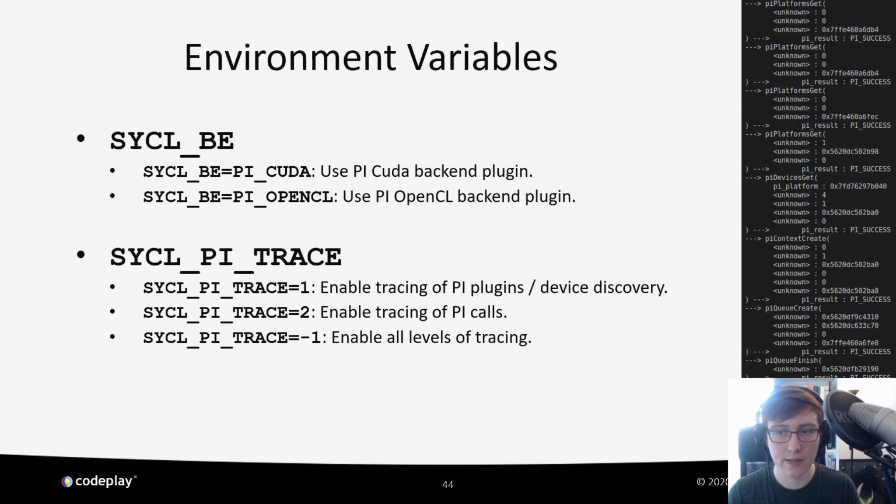If we look at the right-hand side of the screen, we'll see what that looks like. We have every single PI API call made by the SYCL runtime. It prints the name of the function called, its arguments, and the return value. This is a feature that's been quite popular with our contributors. And it's quite helpful because it means that you can get a quick idea of what's going on inside the runtime without having to fire up a debugger.